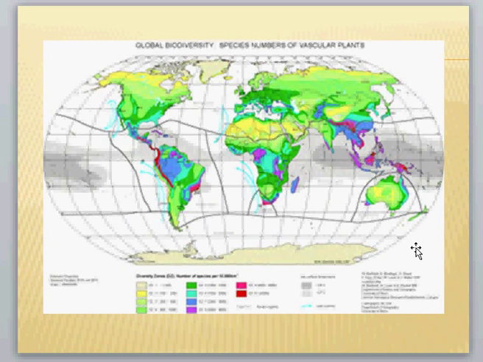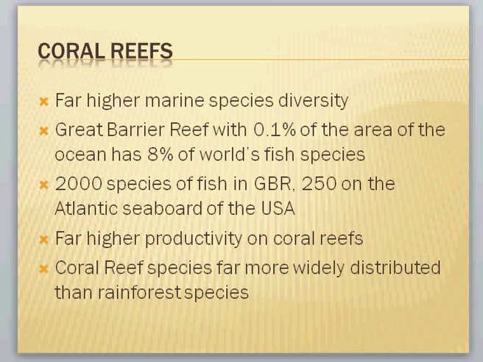The next type of ecosystem which has very high biodiversity are coral reefs. Now, coral reefs don't have the highest diversity of marine ecosystems, and they still do not have the same amount of species diversity as terrestrial ecosystems.